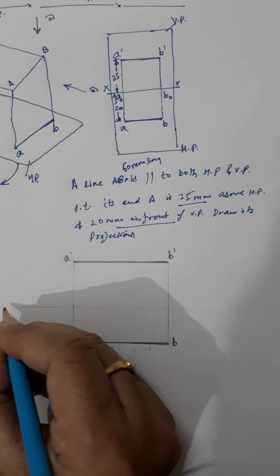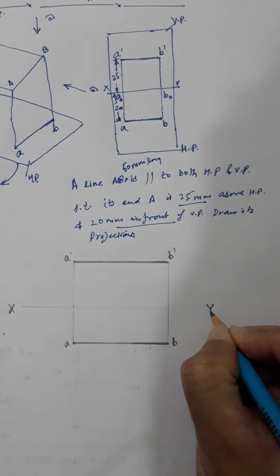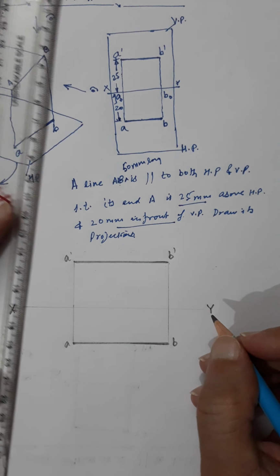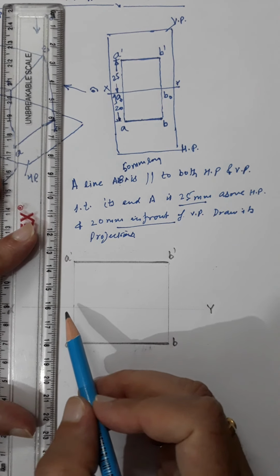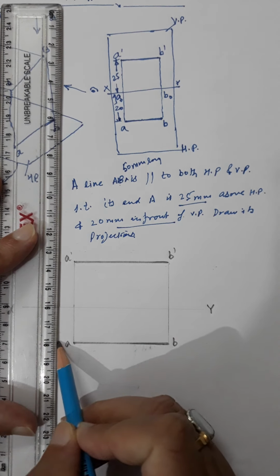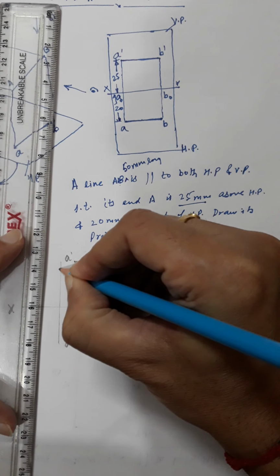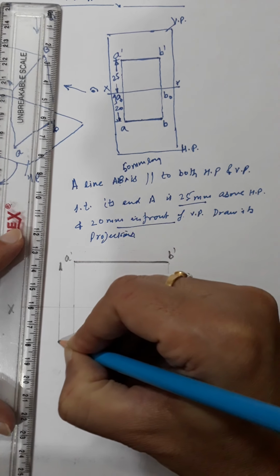Now I will mark off the dimensions. This is X, this is Y, and this is 25 mm above XY line, 20 mm below XY line. You can add the arrowheads.